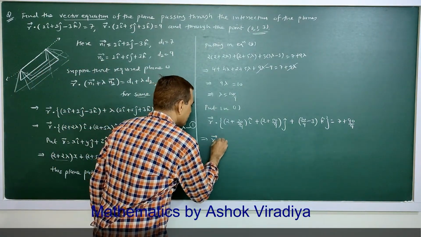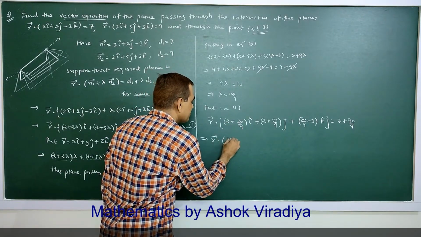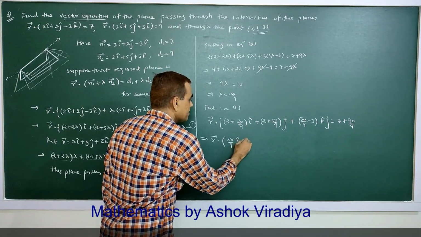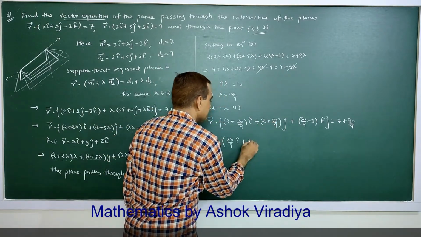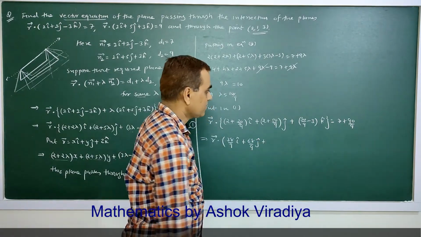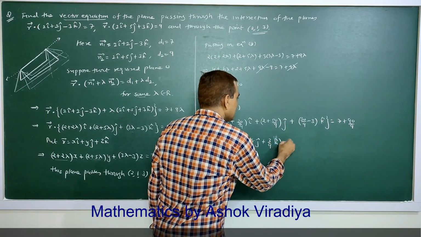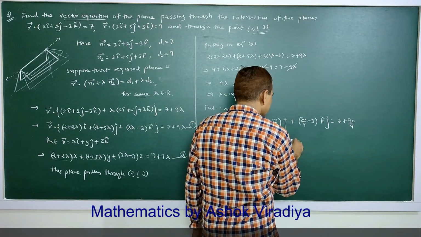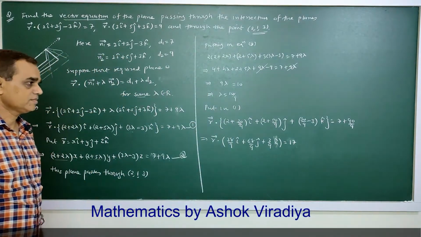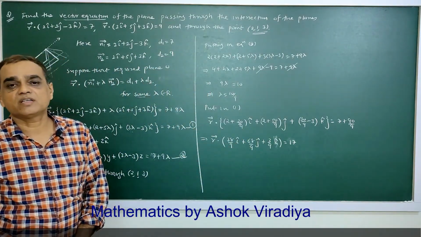So vector r dot, this is 18 plus 20, 38 by 9 times i, plus 18 plus 50, 68 by 9 times j, plus this is 3 by 9 times k, equal to, this will be 7 plus 10, 17. This can be taken as a vector form of the plane.